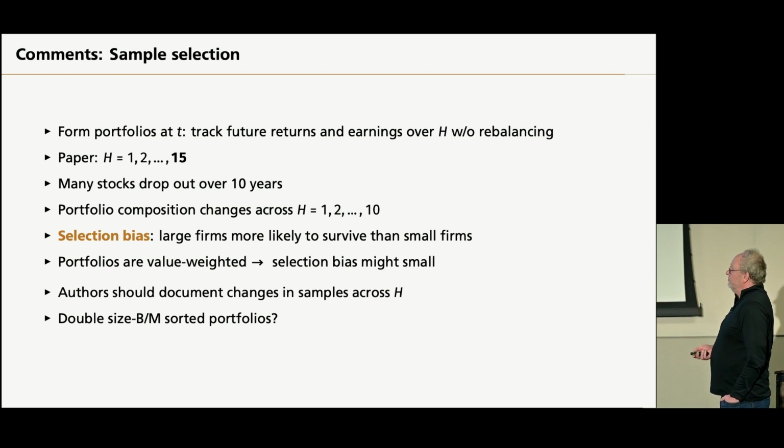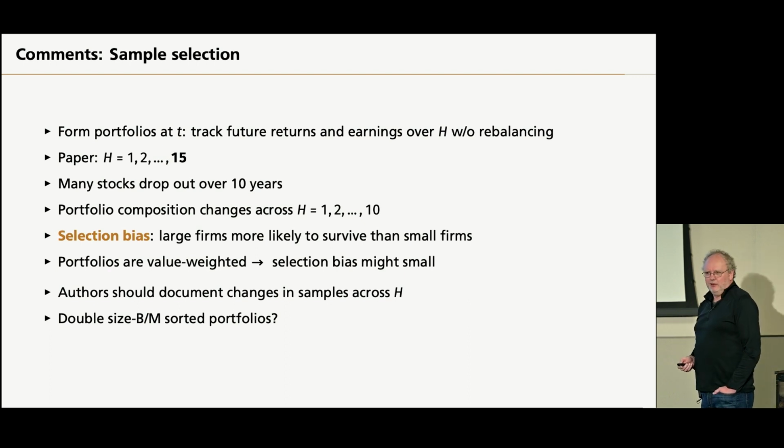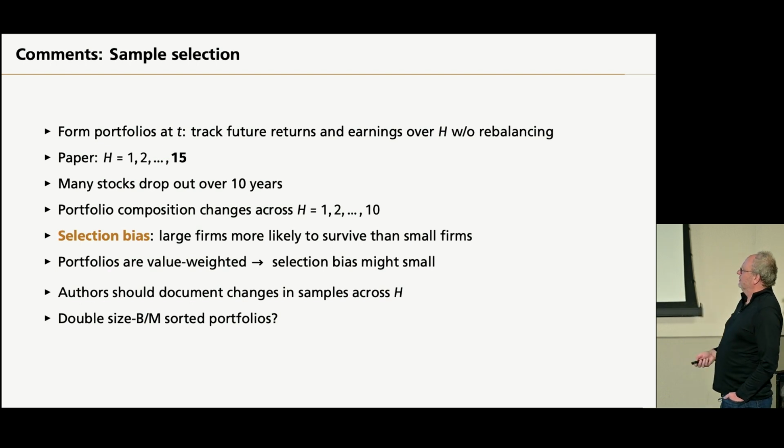This could be selection bias because large firms are more likely to survive than small firms. Since they use value-weighted portfolios, this might be small, but I think it's important to document how many stocks drop out. I do very much like their firm level variance decomposition because it circumvents this issue.